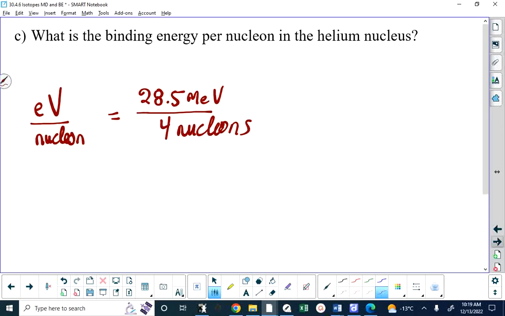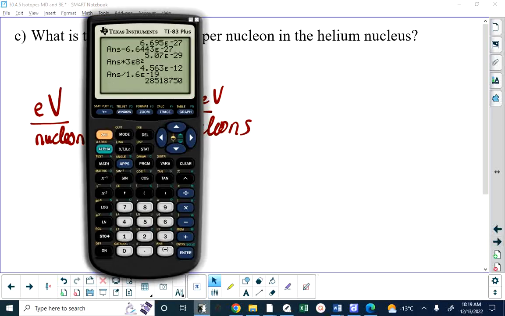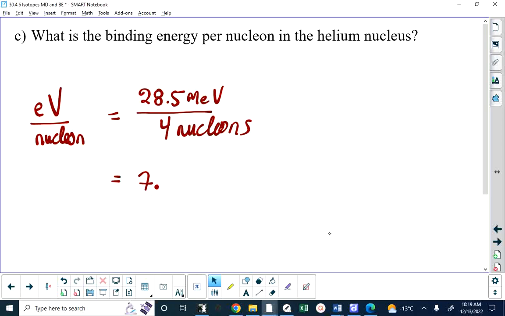But we're going to divide this by 4 and get 7 point something. 7.13 million electron volts. Million eV per nucleon.